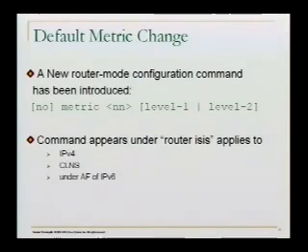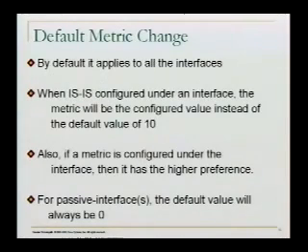The address family here refers to the multi-topologies that we talked about. The passive interface metric hasn't been changed with this; passive interfaces always have a default metric value of 0.